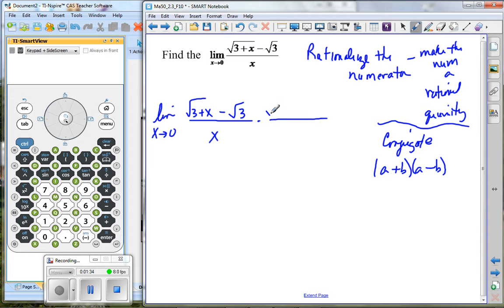Okay, so I'm going to multiply this with the square root of 3 plus x plus the square root of 3. But now I've got to remember, I don't want to change the value of the original function.